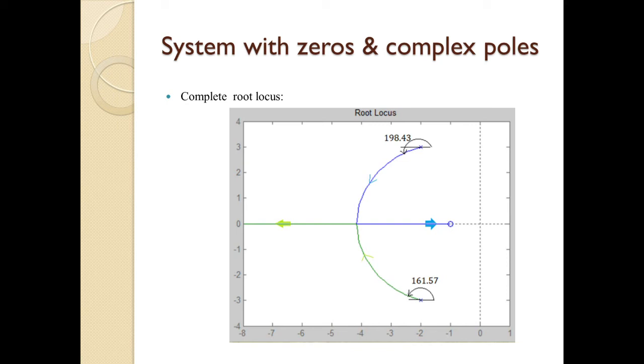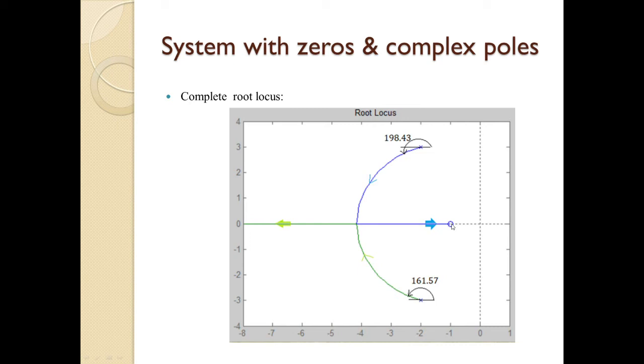So this one is the complete root locus, and we can see there are two complex poles, here minus 2 plus 3j and here minus 2 minus 3j, whereas the zero is located at the minus 1 location.